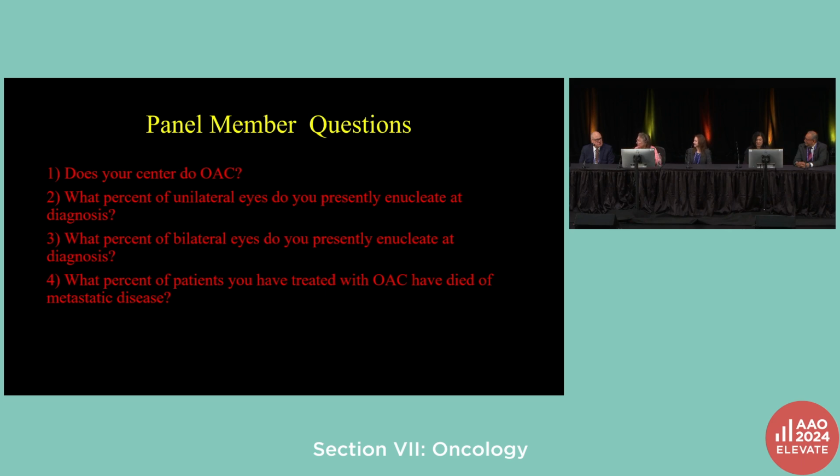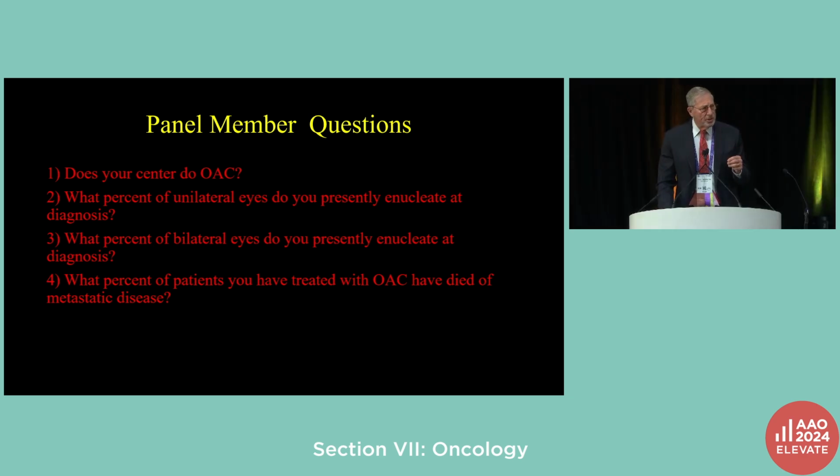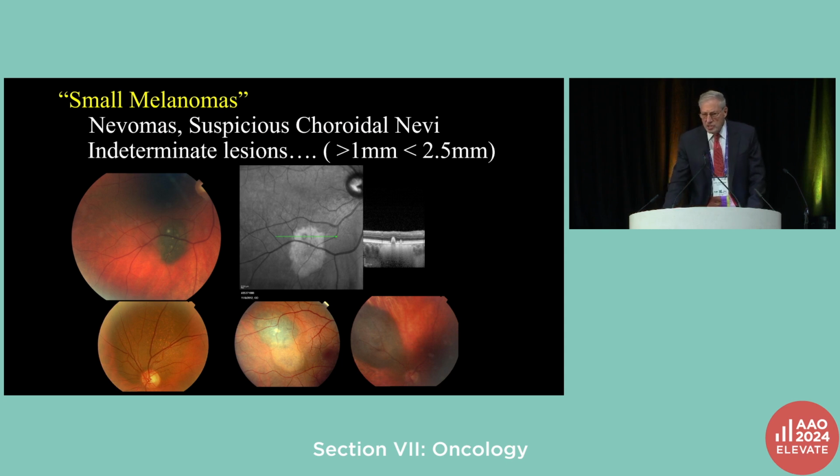His eye was enucleated with no tumor. He had metastatic disease, though. 0 deaths with IAC. Okay. So we have some deaths. We have a very large practice, as you all know, but it's under 1%. So by leaving the eye in and attempting to treat it and save the eye and save some vision, we've not compromised survival. So let's switch and talk about small melanomas.